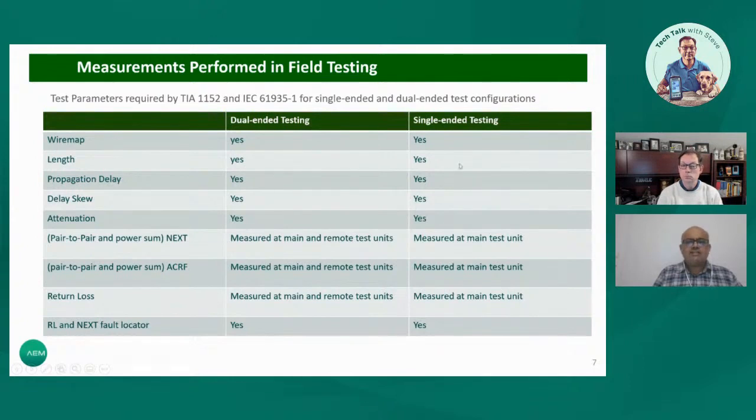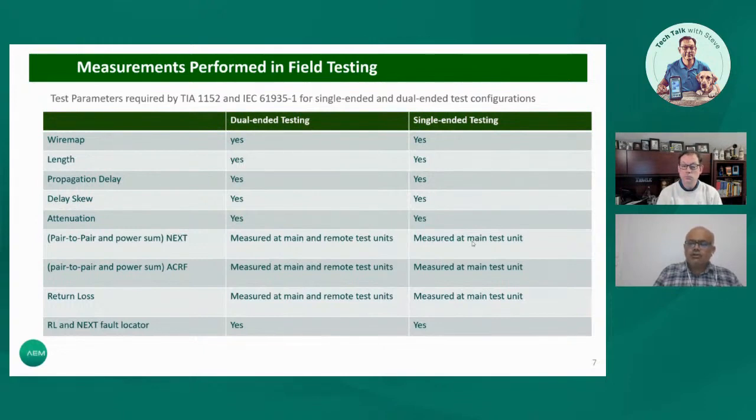This is the last column here. However, there are certain differences. When you, for example, look at pair-to-pair NEXT, the dual-ended certifier measures NEXT at both the main and the remote end because we have two testers. Whereas qualification plus NSA measures only at the main unit.